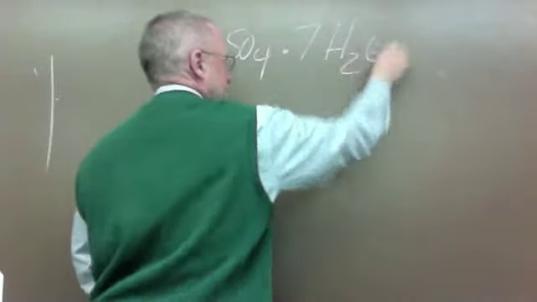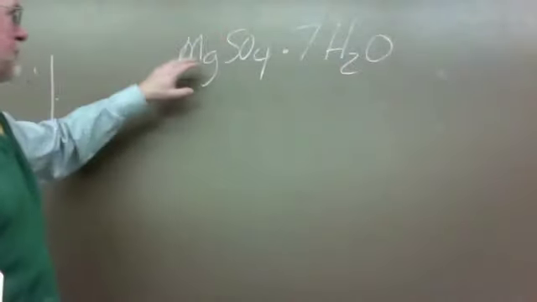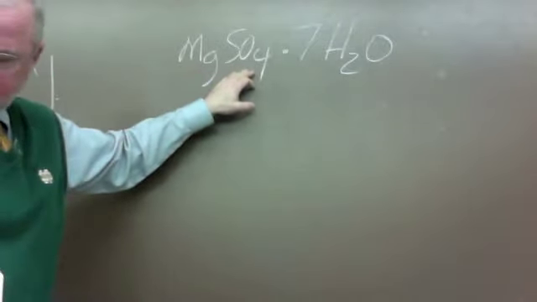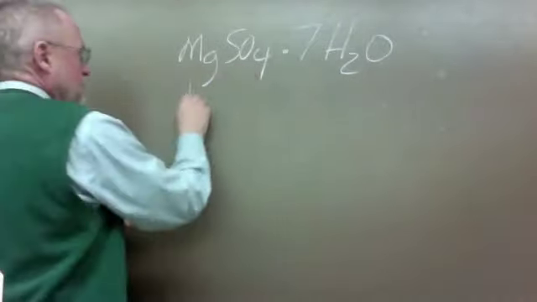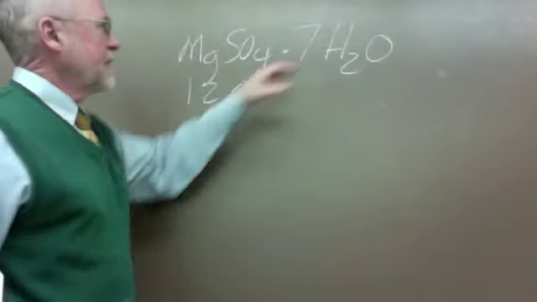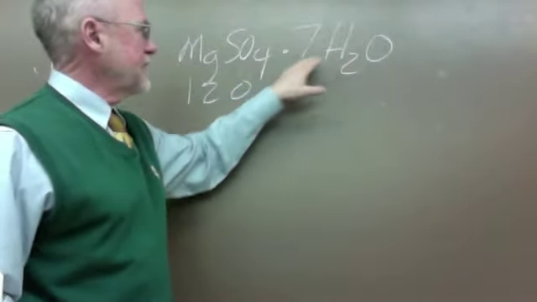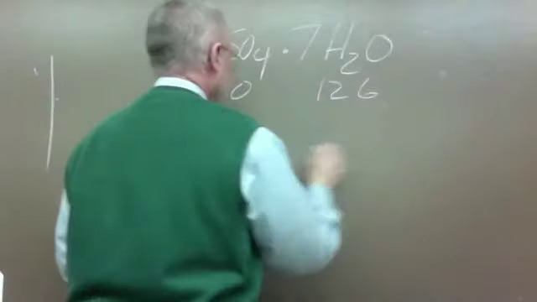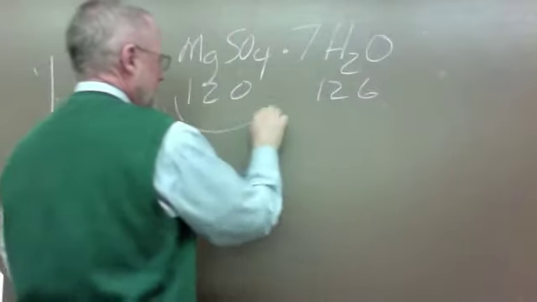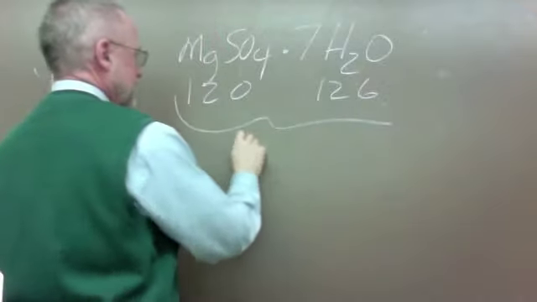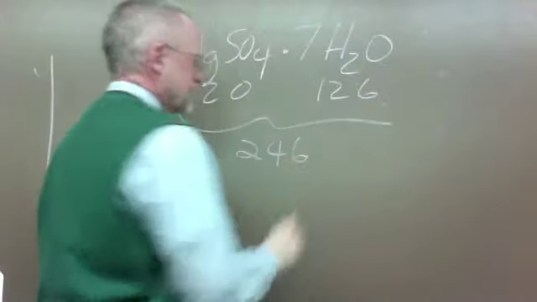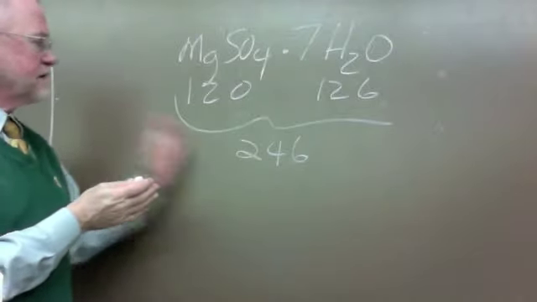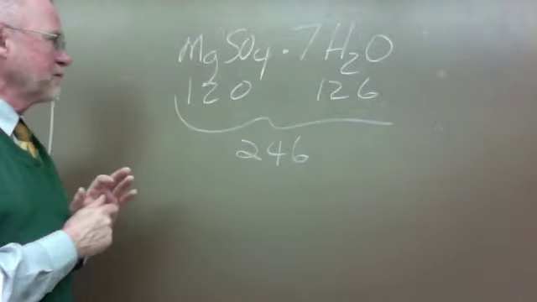I could add all this up, 24, 32, and 64, and I would get 120. And each water's 18. 7 times 18 is 126. So altogether, this is 246. So the molar mass of the hydrate is 246 grams per mole.